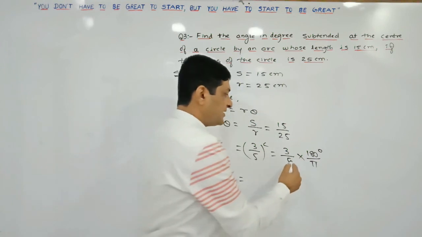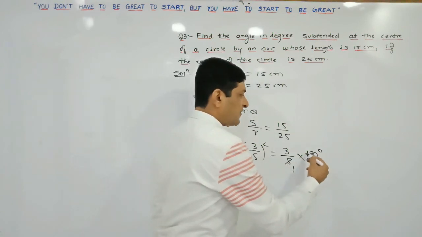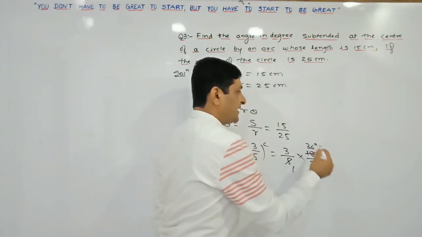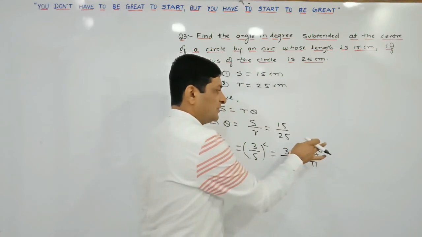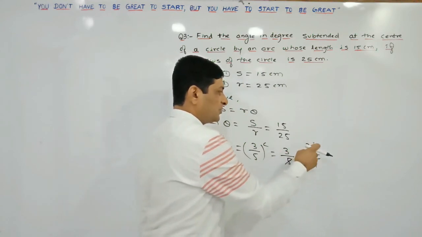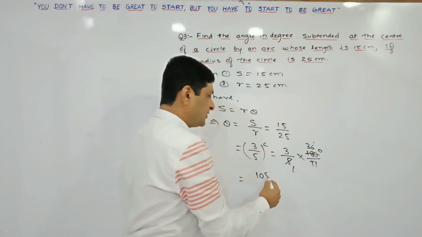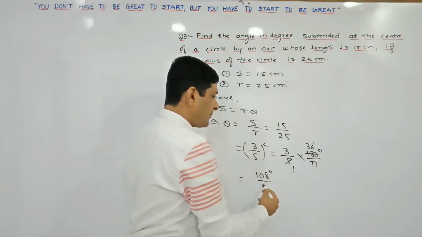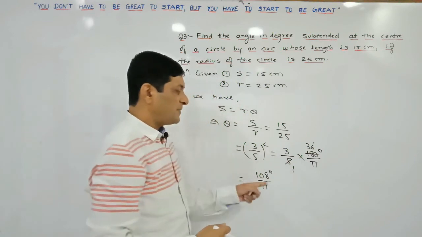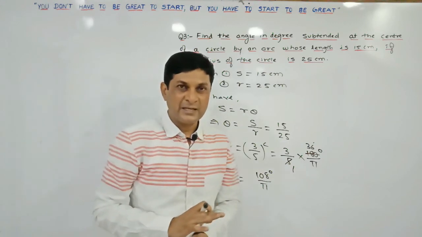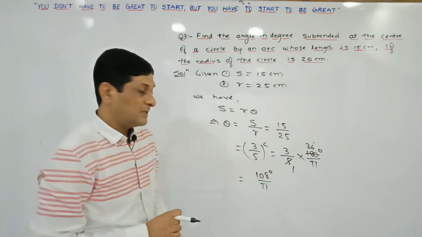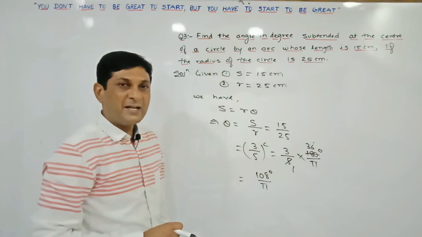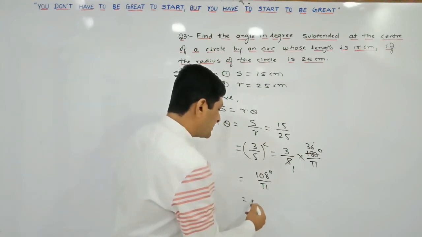See what we'll get here. 5 1s are 5 and 5 36s are 180. So which is equal to, what will we get here? 3 into 36 will be equal to 108 degree upon pi. In this way we have got the value of theta in terms of degrees. If you want to simplify it, we can replace pi by its value. What is the value of pi?